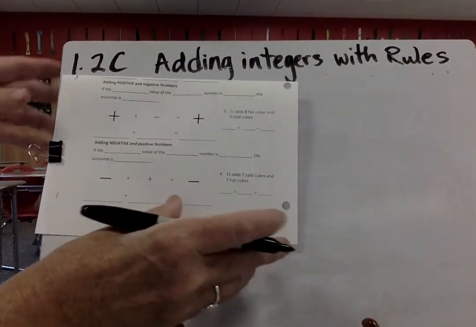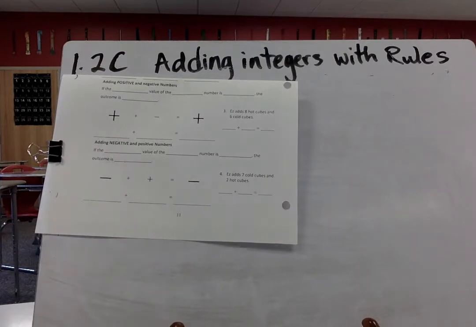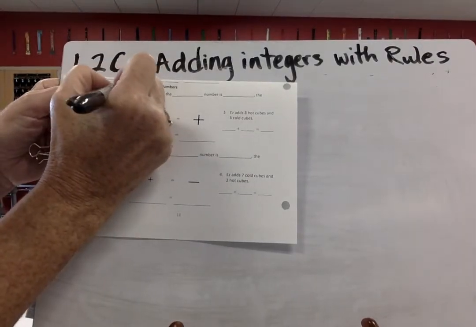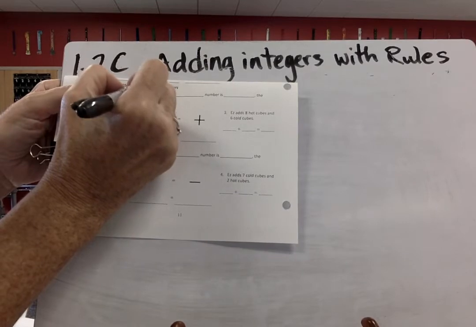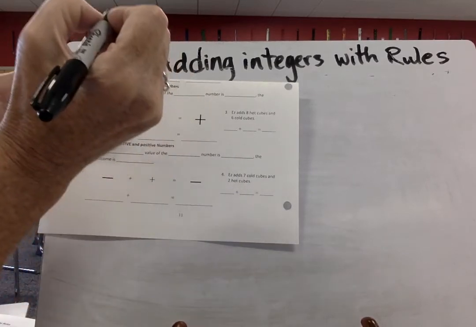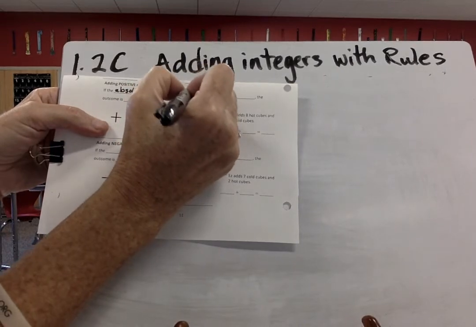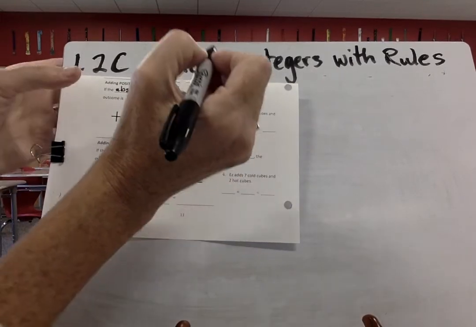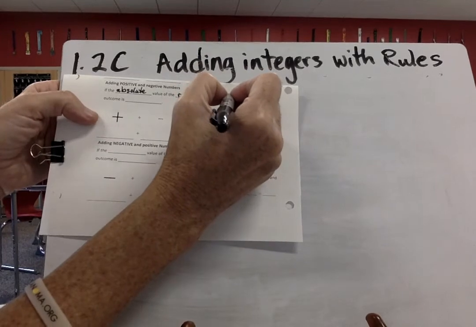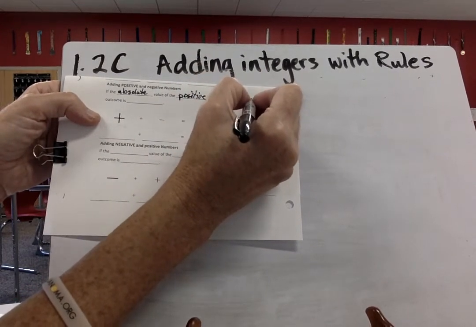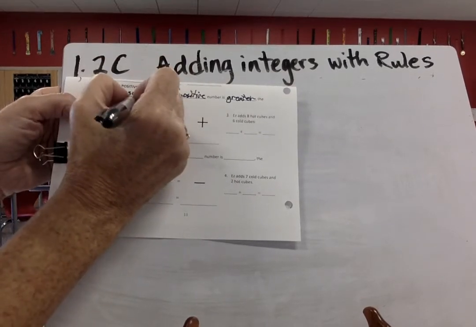Now we go on to adding positive and negative numbers, okay? If the absolute value of the positive number is greater, then the outcome is positive.